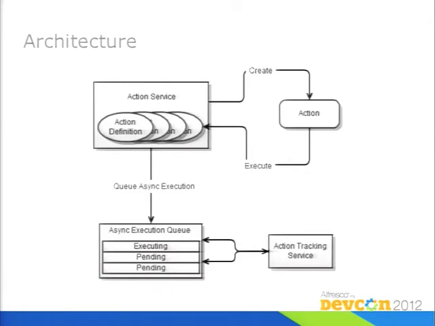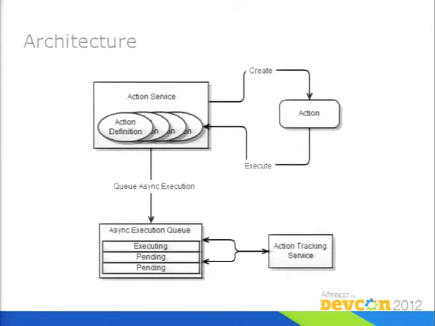So again, we'll go back to how it's actually implemented in the repository. At the heart, we have the action service, which knows about all the action definitions. And as I said before, we can execute them asynchronously, so we can have different queues for executing different actions.